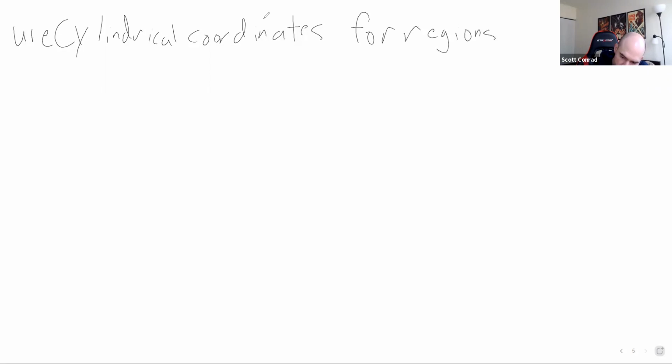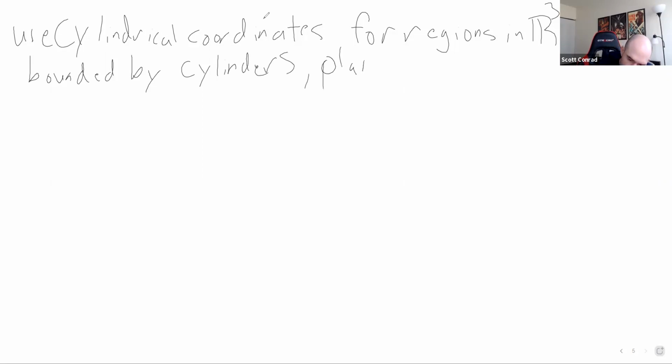So we're going to use them for regions in space, so in R3, bounded by cylinders, hence the name. Cylinders, planes, and cones.